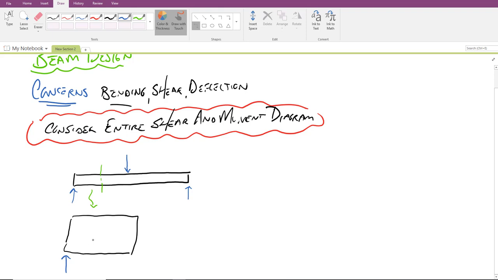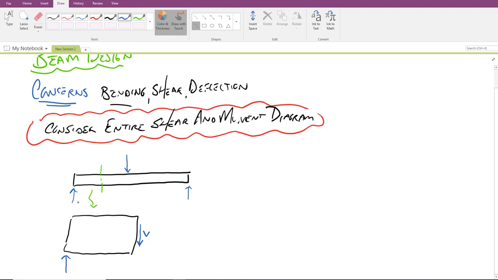To make sure that this part of the beam is in equilibrium, we know that there would be a shear force acting internally within the beam. And of course that's simply that external point load acting in the middle that's causing shear forces and stresses to develop all the way through the beam until we get out here to the support reaction.